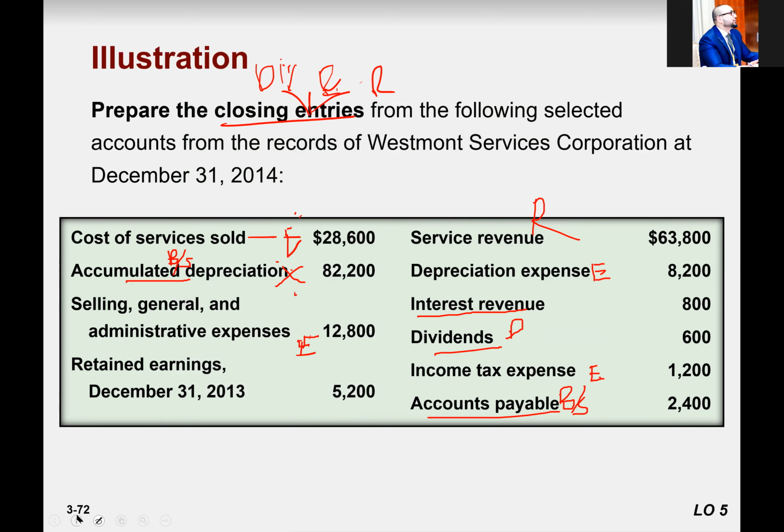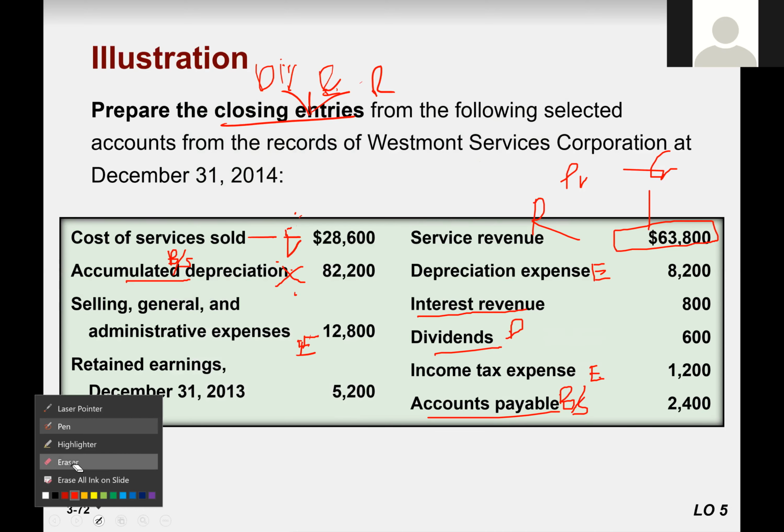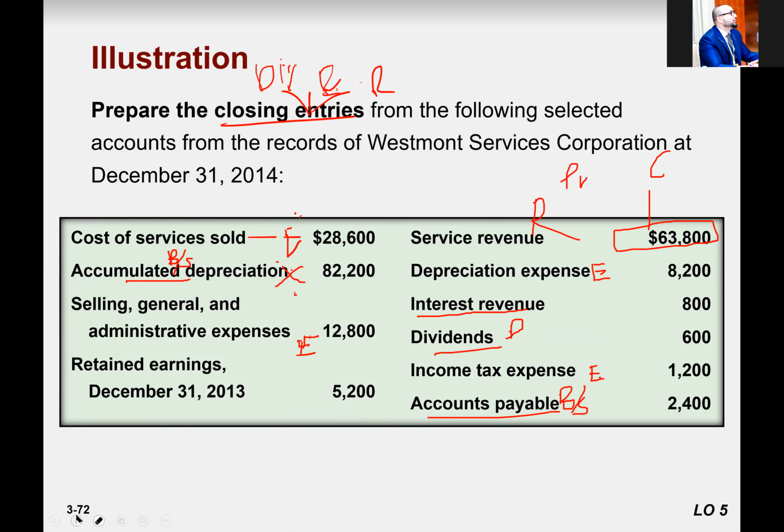So tell me, the balance that is shown here, 63,800, is it debit or credit? Credit. The revenue is credit. Is it debited or credited? Okay, everyone, please. Debit. I received, sorry, I received the revenue, debit. Revenue account balance, normal balance is debit or credit? Debit.